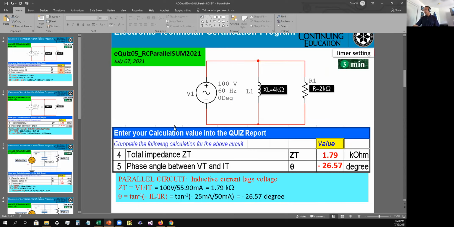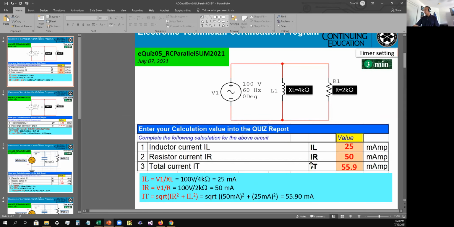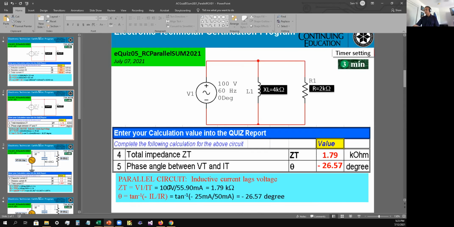V1 was 100 volts and IT was from the previous one, which was 55.9 milliamps. So 100 volts divided by 55.9 milliamps yields 1.79 kilo ohm. The answer is ZT is 1.79 kilo ohm.